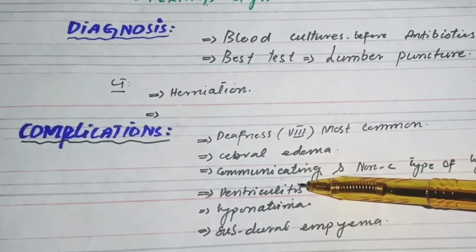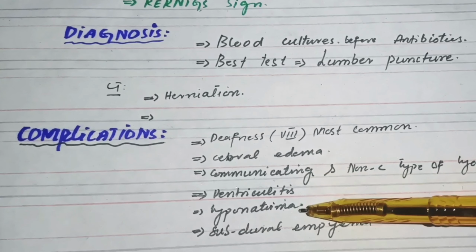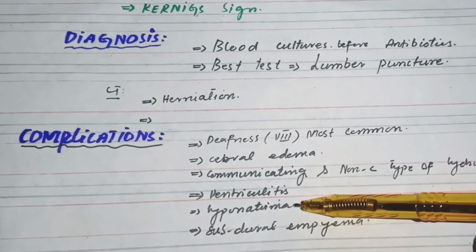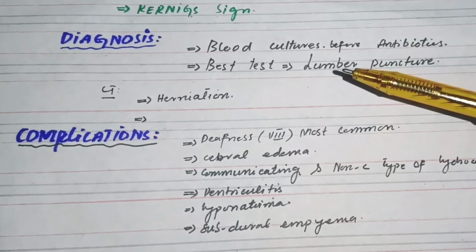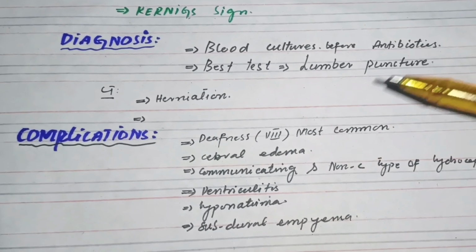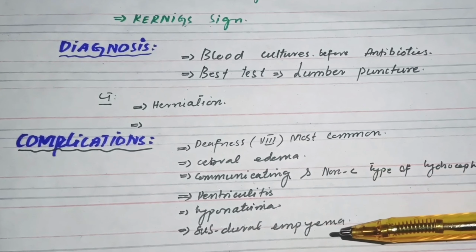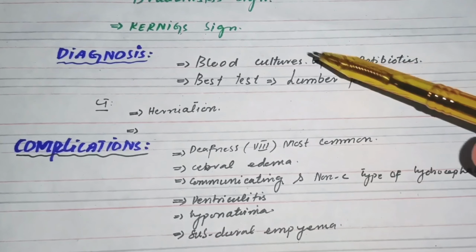The fourth complication is ventriculitis, which is inflammation of the ventricles. The other is hyponatremia, and the hyponatremia may be caused by syndrome of inappropriate ADH secretion during infection. The other is subdural empyema, which is direct extension of the meningeal infection into the subdural space.